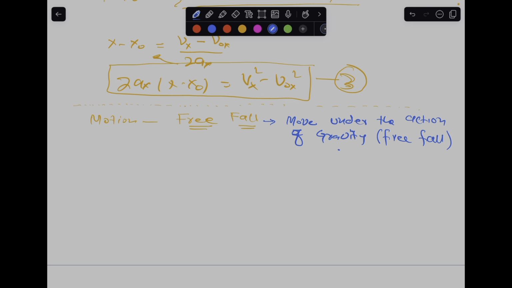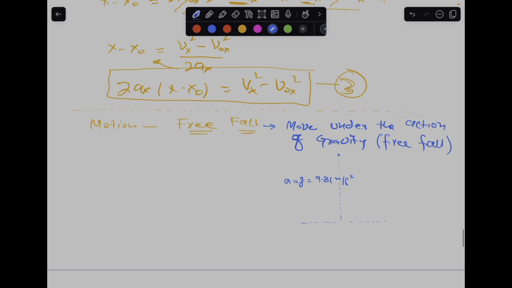So if I drop this object, it will go like this under the action of gravity, and it hits the ground after some time. This motion is under the action of gravity, and gravity is a force, and there is an acceleration which is called the gravitational acceleration, which is constant, 9.81 meters per second squared. The direction of this motion is always toward the center of the earth, or downward.